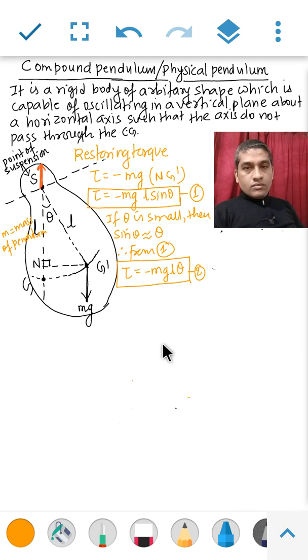Now we can write, we know tau equals I alpha.